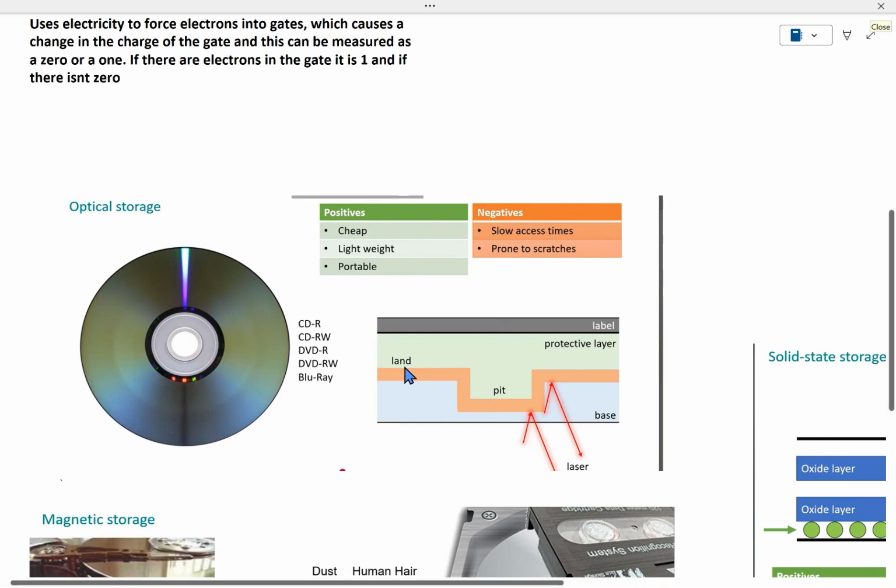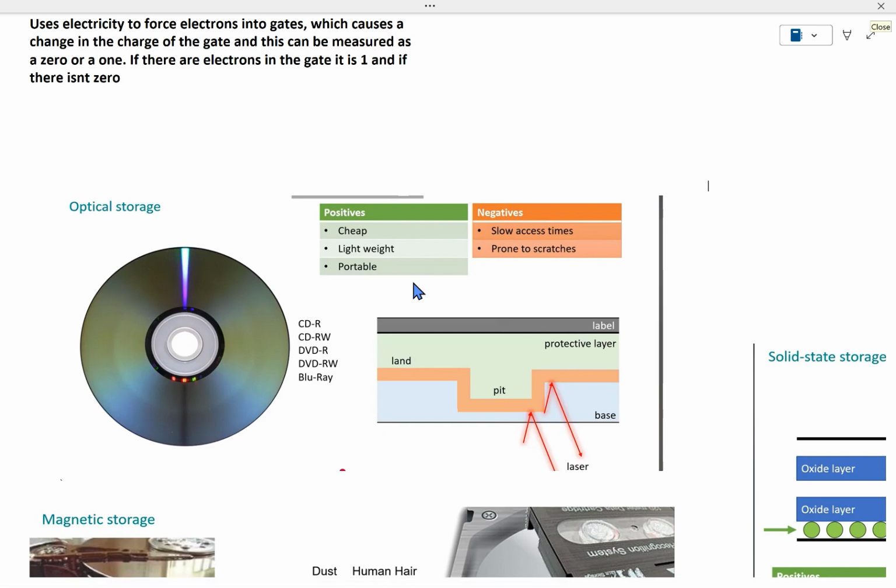Now, the positives for optical storage are that it is the cheapest out of the three types of storage, and it's very portable and lightweight.